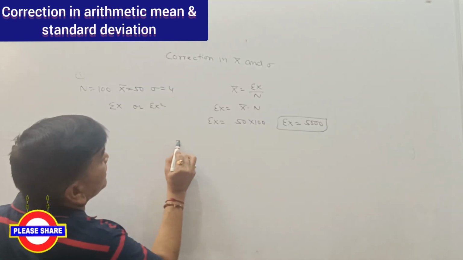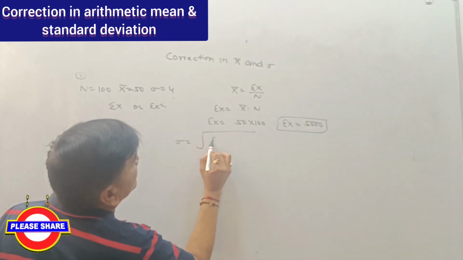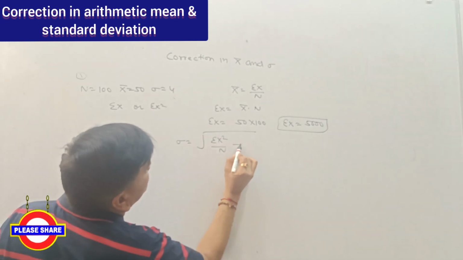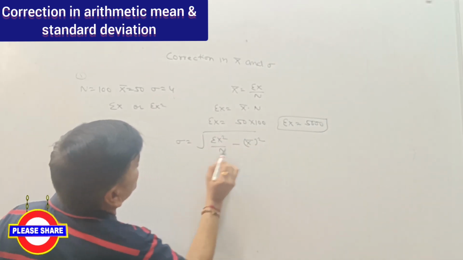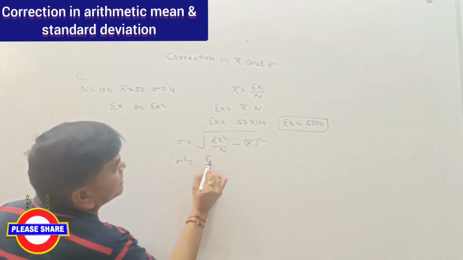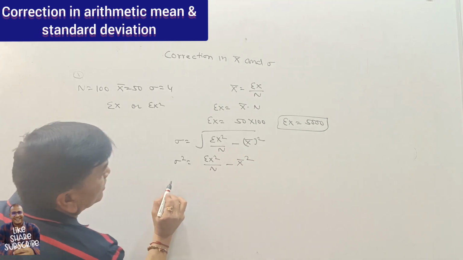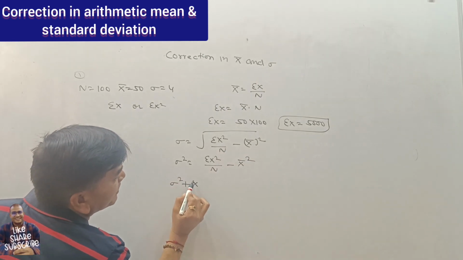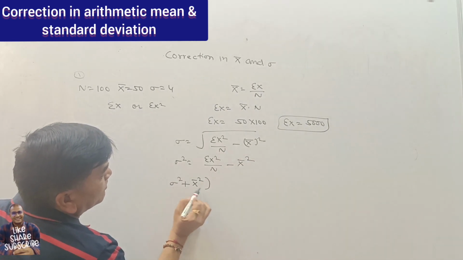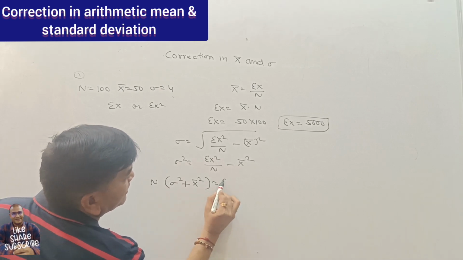Now standard deviation square is sigma x square divided by n minus x bar raised to power 2. So standard deviation square plus x bar square, multiplied by n, is sigma x square.